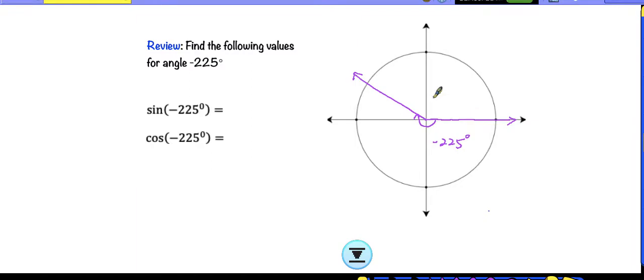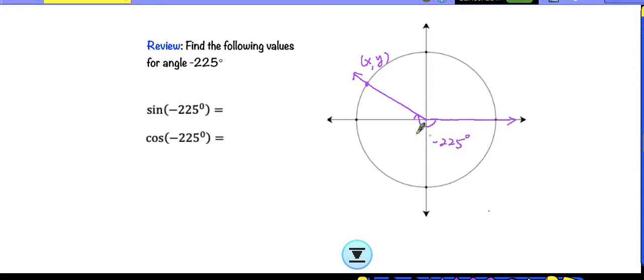Remember, how do we find the answer for both? We check the terminal ray. The most important part is where the terminal ray intersects the unit circle. This point, let's say x and y, the coordinates will give us the value.